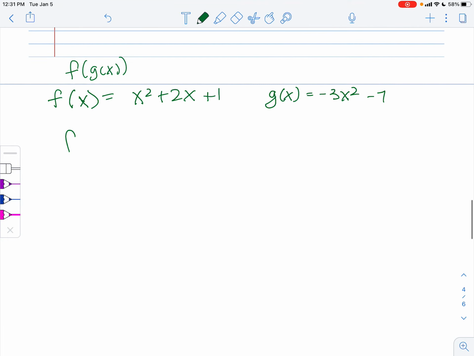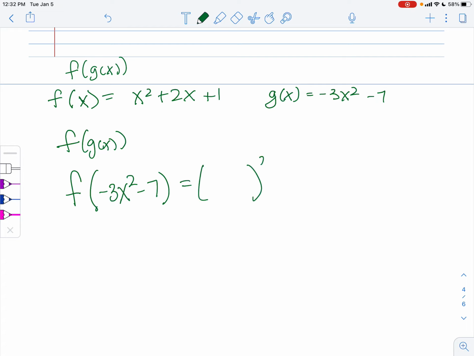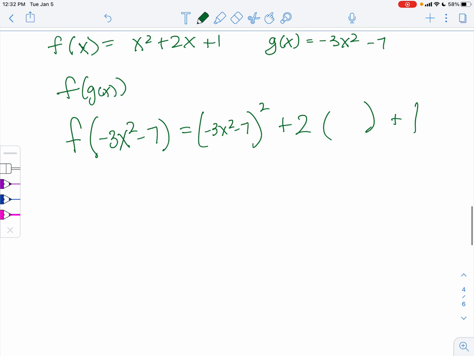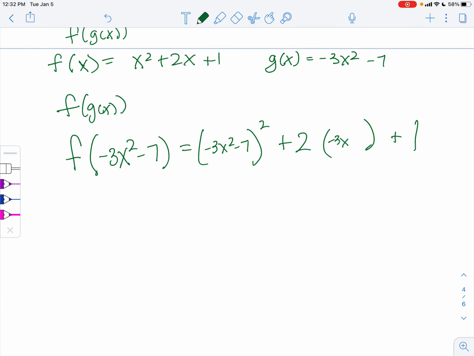Okay, so finding f of g of x means every place I see an x, I'm going to put my g of x expression. Did I copy those down right? Okay, good. Minus 3x minus 7. Again, this needs to be FOILed.